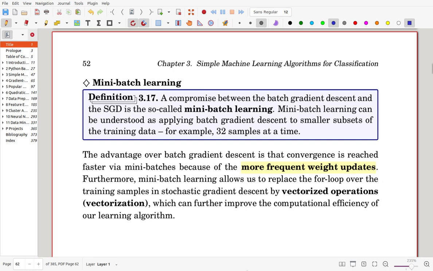Now, this mini-batch learning is popular in deep learning particularly, and the convergence is really fast, because of frequent weight updates. Even though you are using 10, 32 or some other number, modern hardware can be organized so that you can realize factorized operations.